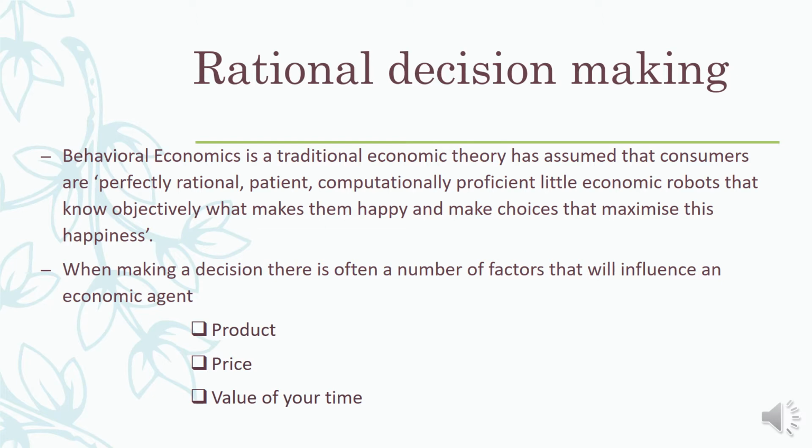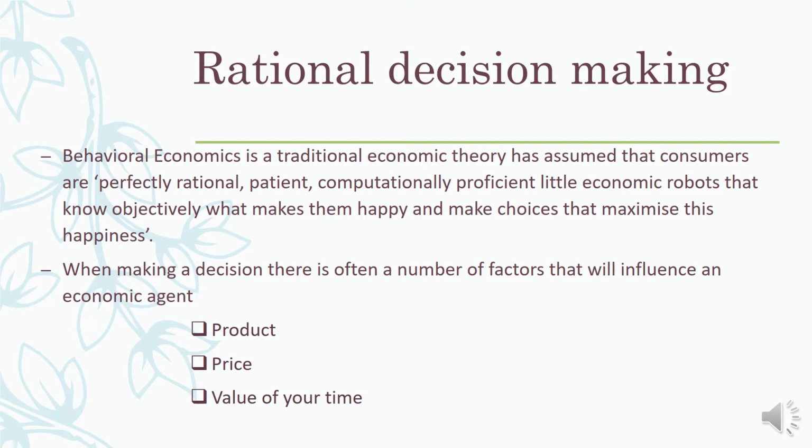They are patient and computationally proficient, that means they will mathematically calculate the benefit they are getting. They know objectively what makes them happy, for example, how they can maximize their utility. They know which way they can maximize the utility, so according to that, they will react.